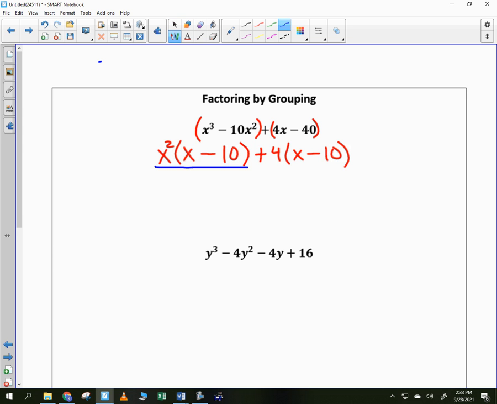This is where people get confused. I have two terms. I have the term in blue and I have the term in green. What do they both share as a common factor? So I'm going to take the x minus 10 out.